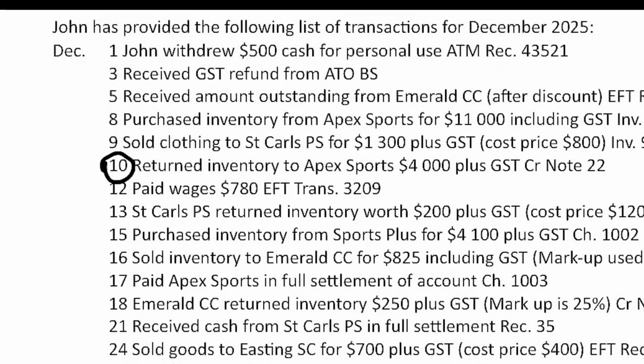You simply reverse what you recorded when you purchased the inventory on credit. Now tell me the double entry on purchase of inventory on credit. Remember? That's okay. What's the double entry for purchase of inventory on credit?